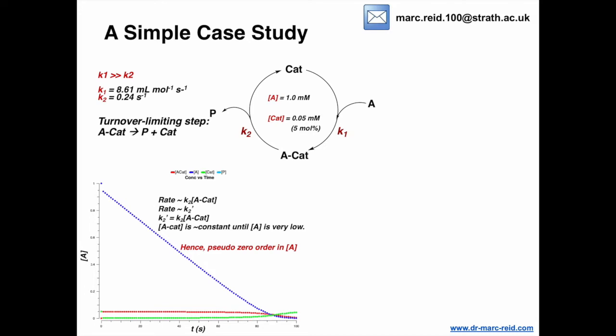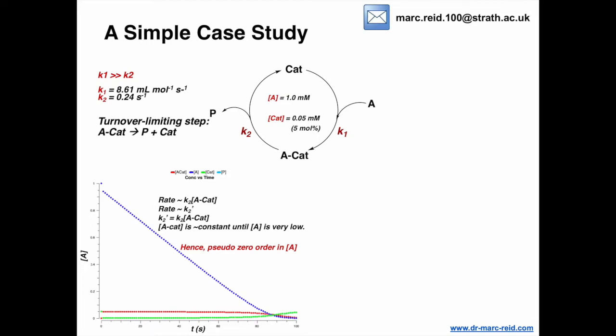So, let's consider the case where we are reacting 1 millimolar concentration of A with 0.05 molar or 5 mol% concentration of catalyst. Let's also say that the rate constants have the values as shown. So K1 equals 8.61 milliliters per mole per second and K2 is equal to 0.24 per second.